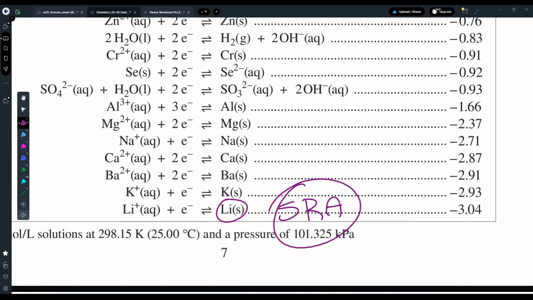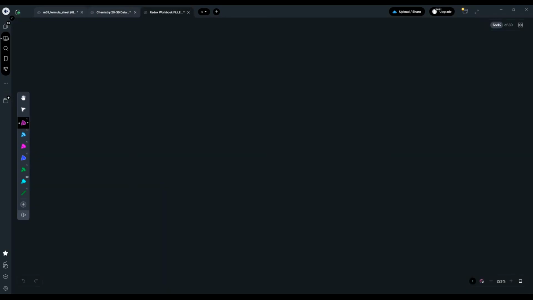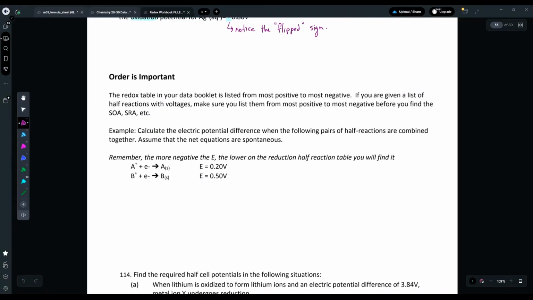So with the reducing agent, if we're writing this last one as an oxidation, then we just flip this sign into positive 3.04. The redox table in your booklet is listed from most positive to most negative.